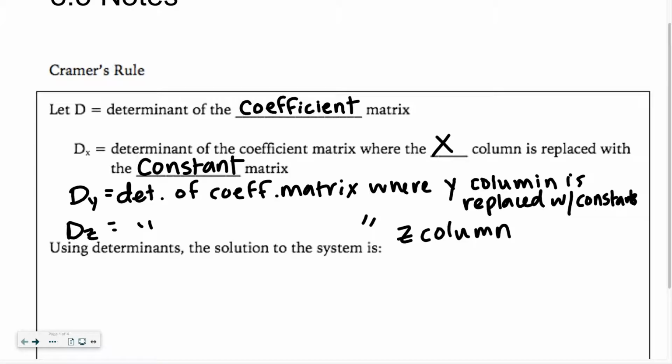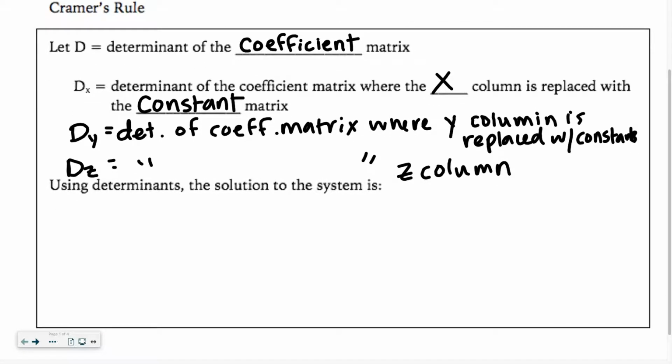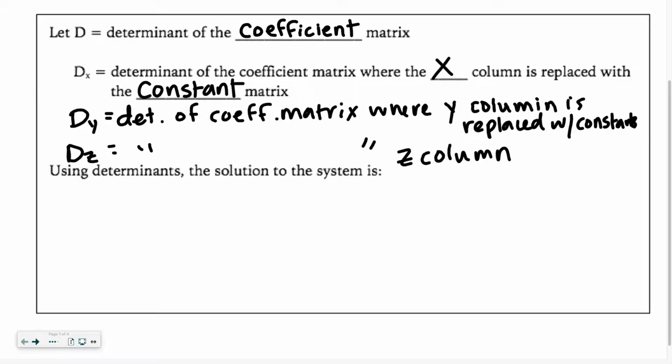Okay. So then you have all these determinants. You have the determinant of the original coefficient matrix, then you've got the determinants where you replace the columns, and these are your solutions. X is the determinant with the x column replaced, divided by the original determinant.